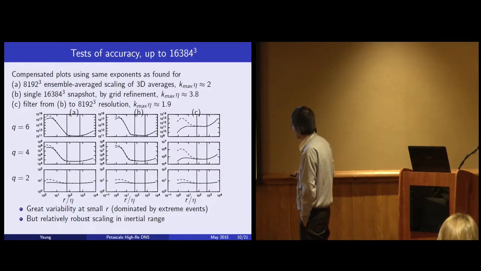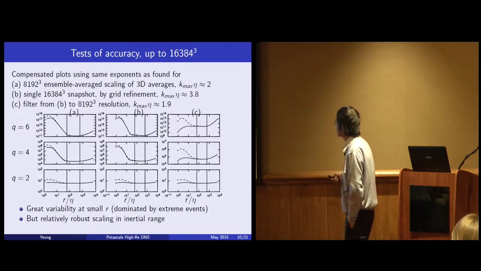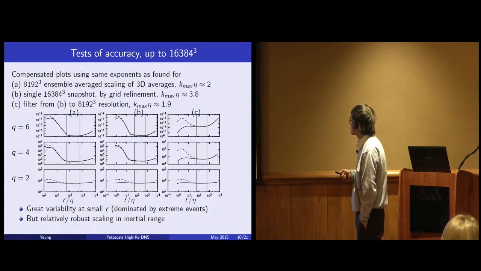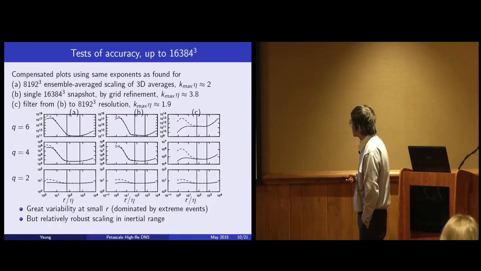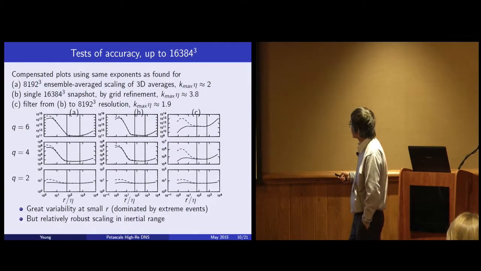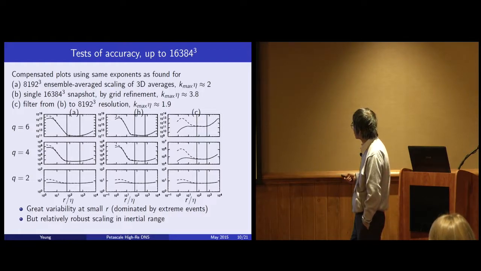So here I will focus on the middle column and the one on the right. On the middle column, we actually have a 16K cube snapshot. And this is the result, similar to what we have seen before. And now we will reduce the resolution from 16K cube to 8K cube.